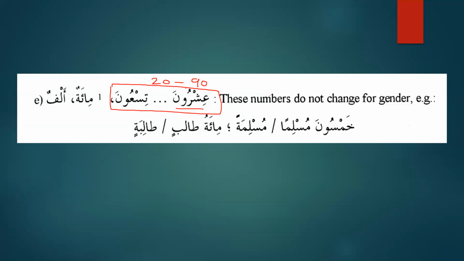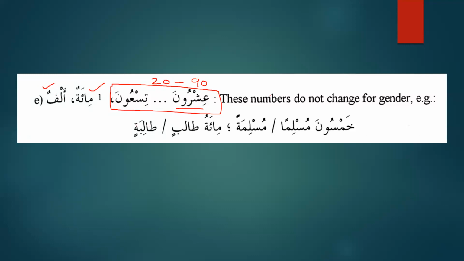For example, we have Muslimuna, Mu'minuna. Similarly, we have Ishruna, Tis'una, and when it is Mansub and Majroor, it will be Ishrina and Tis'ina. Please remember that for the numbers from 20 to 90, similarly Miyatun and Alfun, the Ma'dud will always be singular.